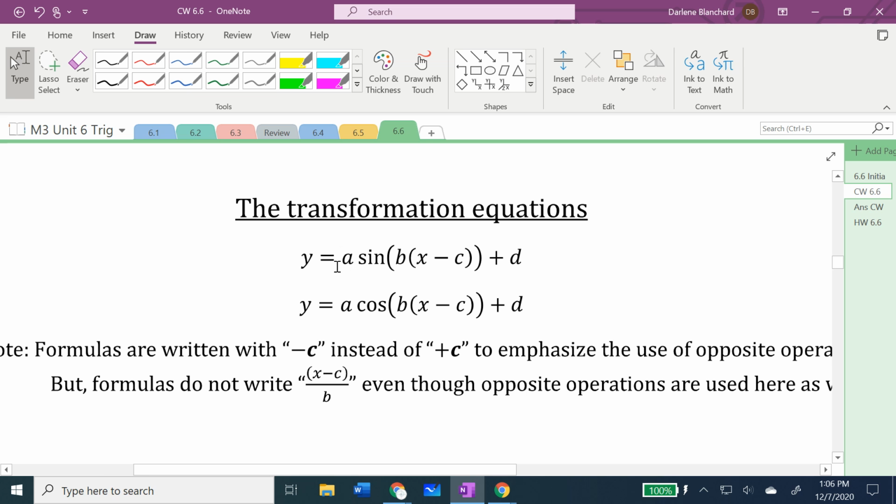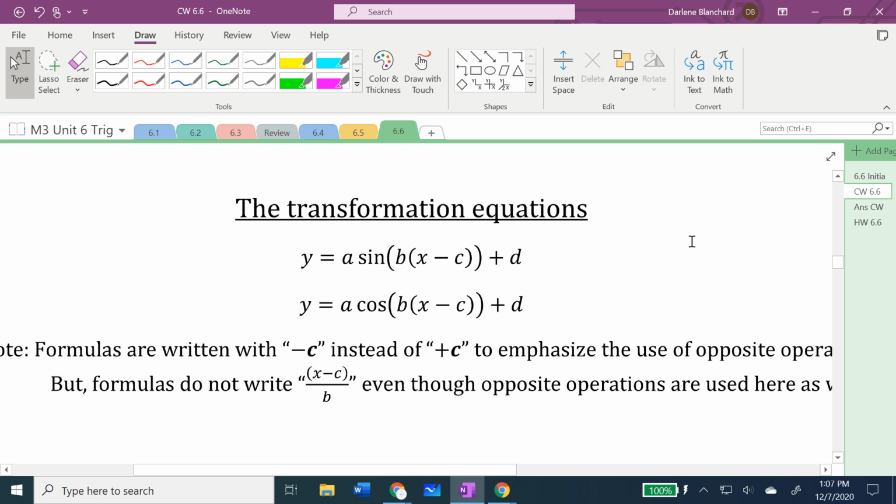A is a multiplication outside the function, so it's a vertical stretch. And do you remember that the vertical stretch is always, you do exactly what it says to the y coordinates. If it says times 2, you stretch it times 2. All the y values are multiplied by 2. Letter B is representing whatever number x is multiplied by inside the function.